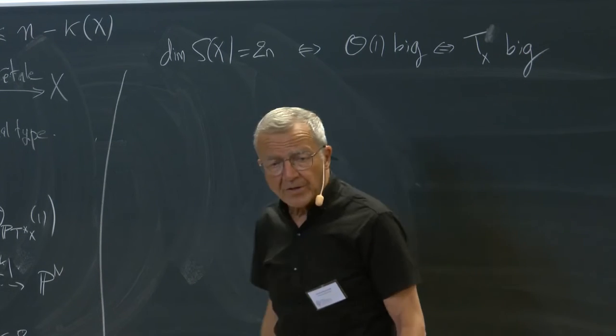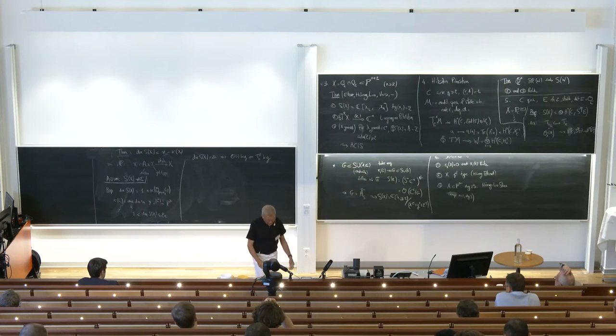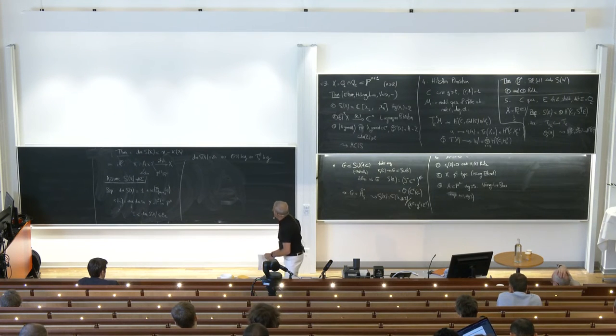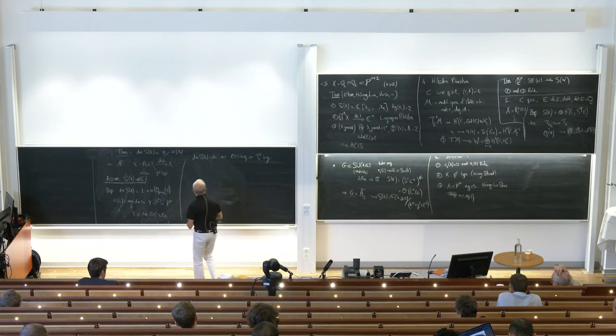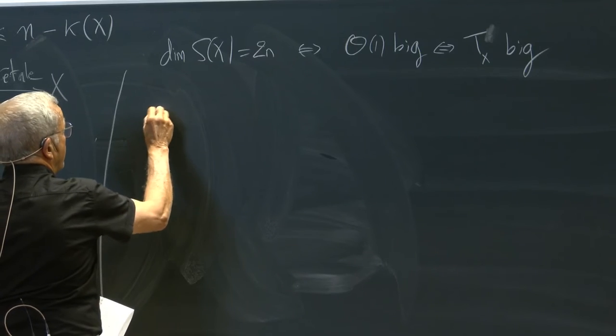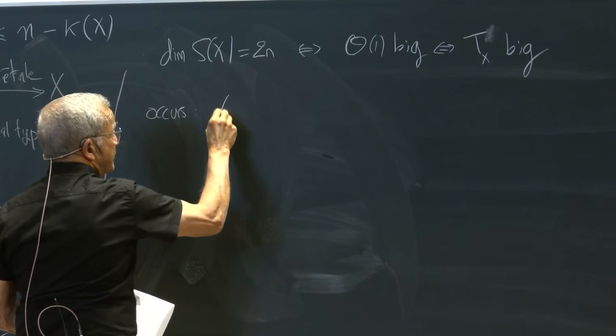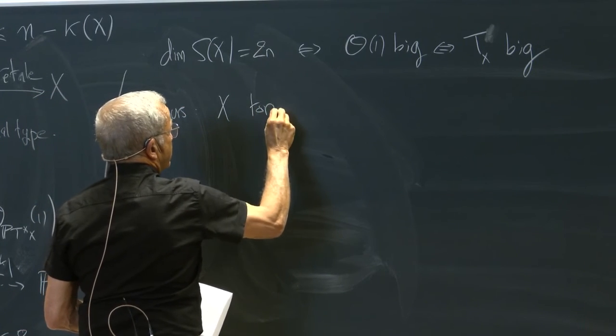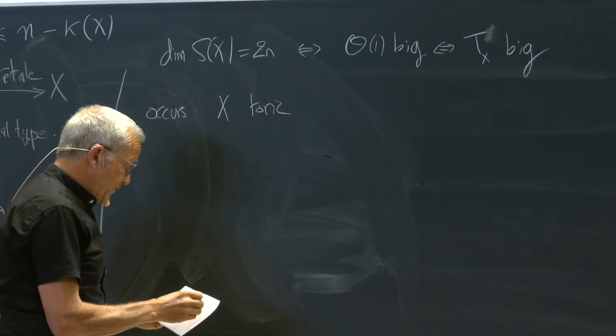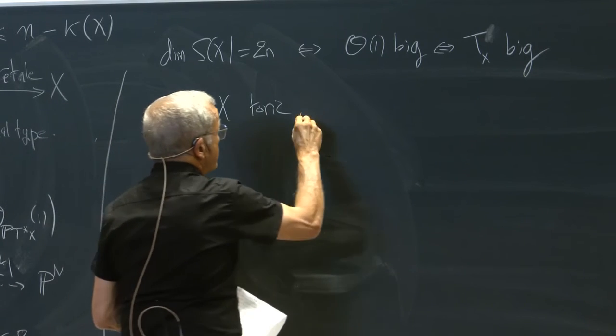And now this has been studied by a number of people, and this case occurs when X is a toric variety, for instance, a toric manifold, also homogeneous.